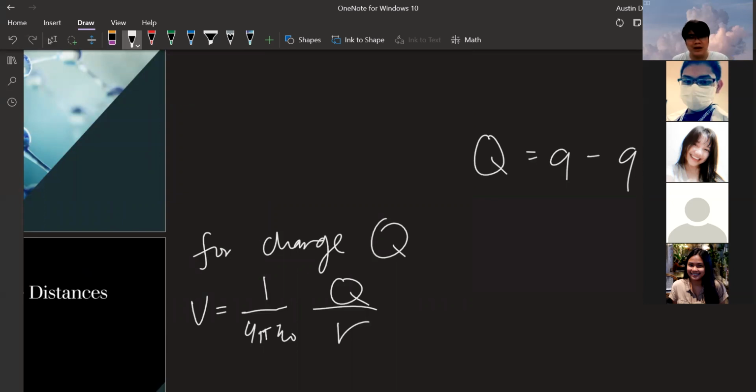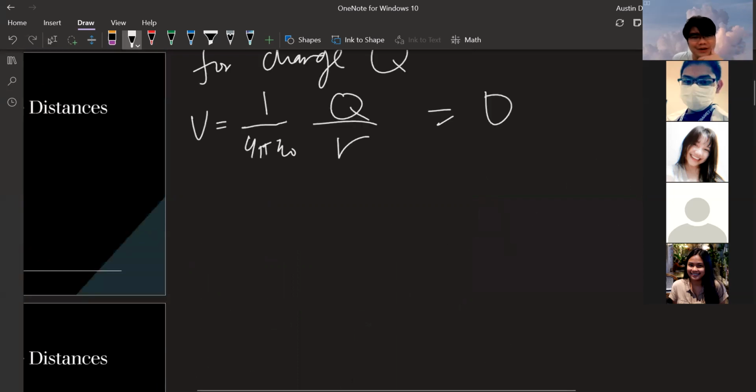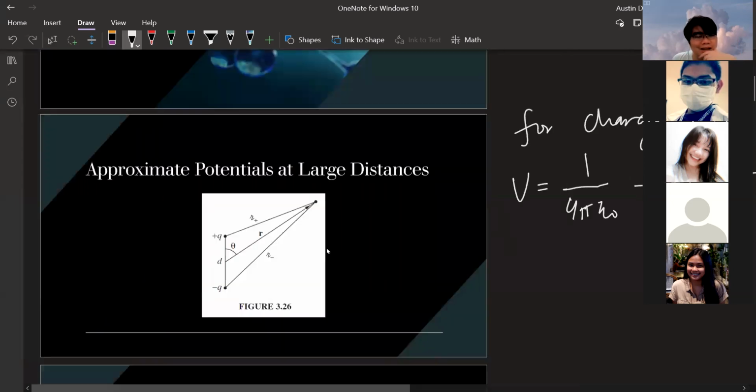Pero yung total charge mo, ano mangyayari? Zero. So, the potential is zero. Walang sense, di ba? Walang sense na ganun. Pero hindi naman ganun yung mangyayari. Okay? So, ano dapat natin gawin? Kailangan mo mag-approximate ng mga bagay-bagay. Okay? So, ayun yung point ng lesson natin.